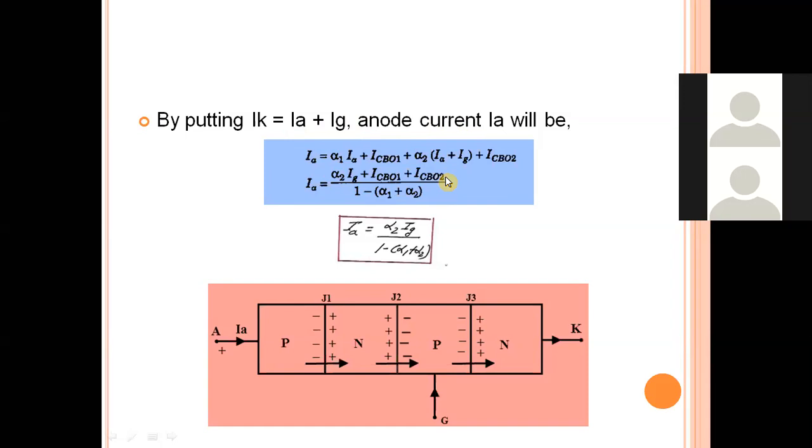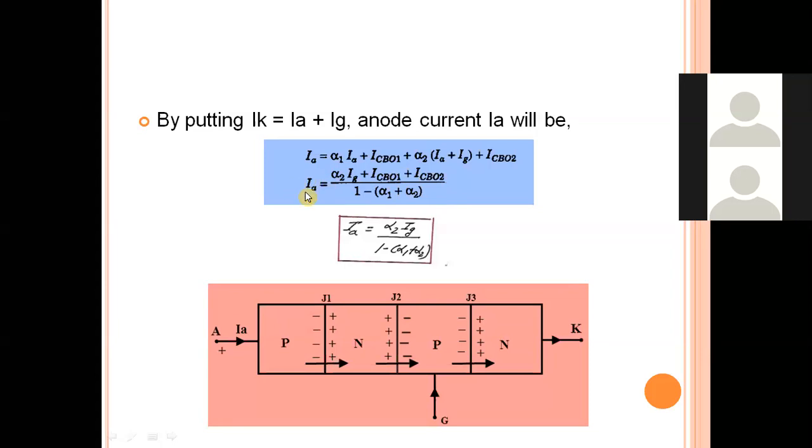So what are the considerations from this? Suppose the current gains of the two transistors are such that alpha 1 plus alpha 2 is equal to 1. Then 1 minus 1 is 0, and something divided by 0 is infinity.